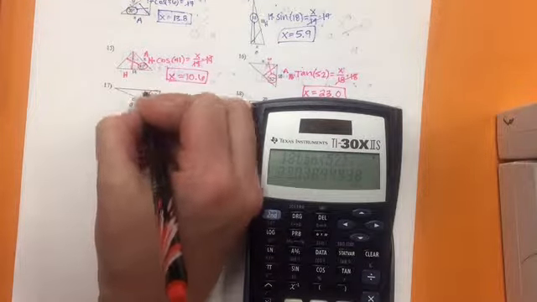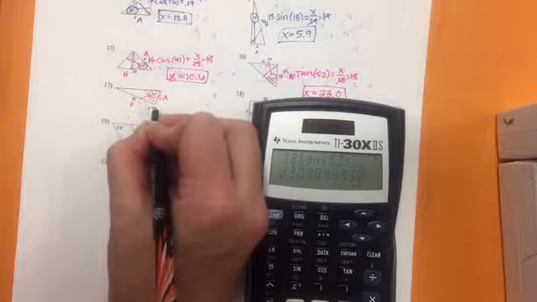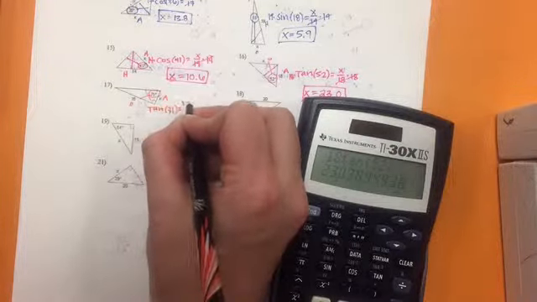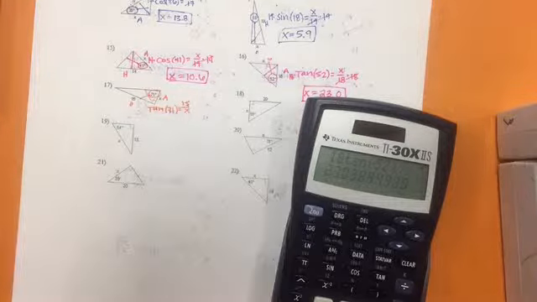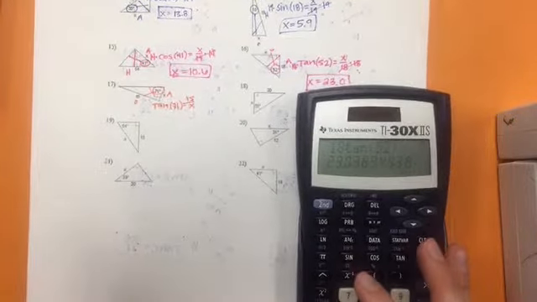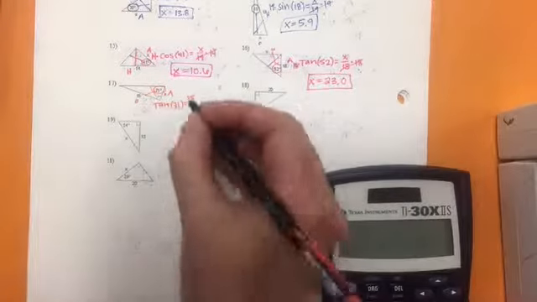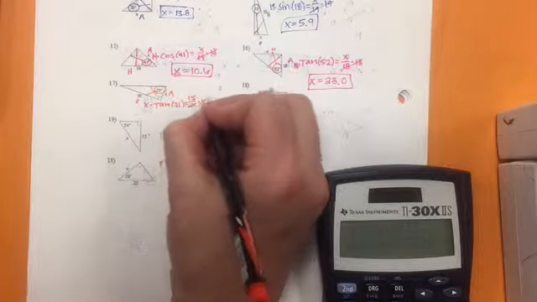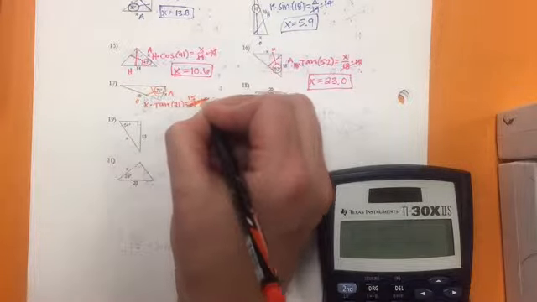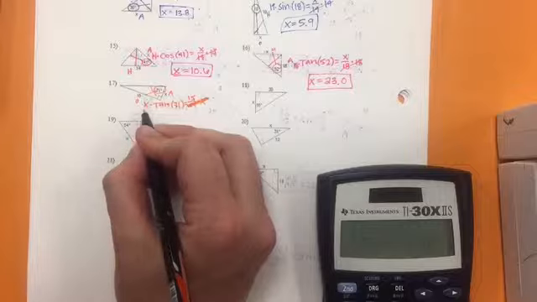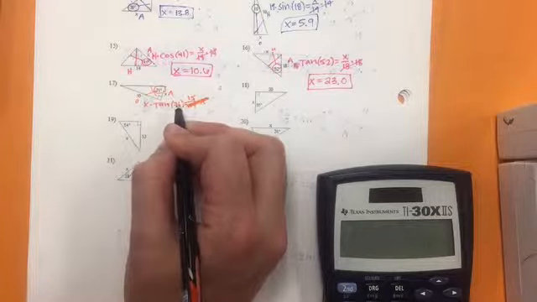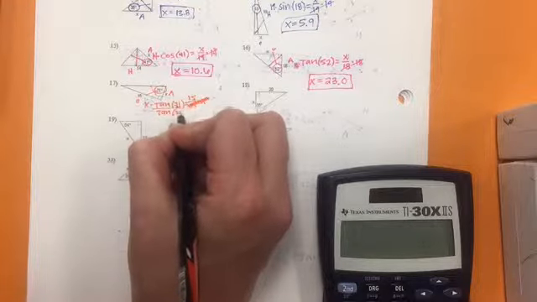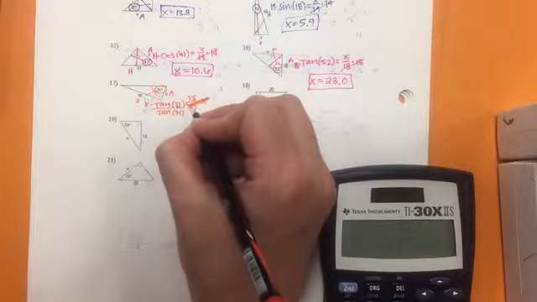Opposite, no hypotenuse, adjacent. Tangent of 71 equals O over A. Now this one's a little different because I have X in the denominator. I need to do the same step where I multiply by the denominator in order to cancel it out. Now, I cannot enter X tangent of 71 into my calculator, so I'm going to divide by tangent of 71 on both sides.